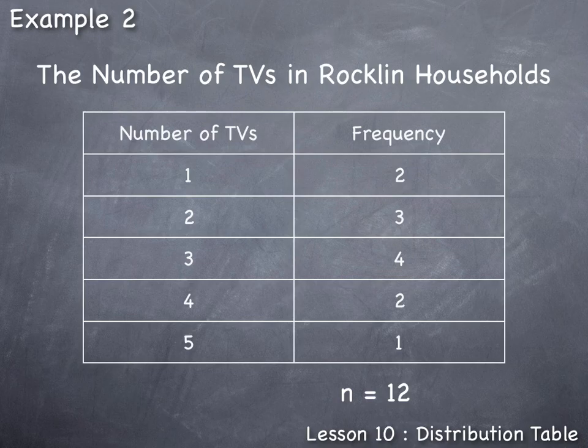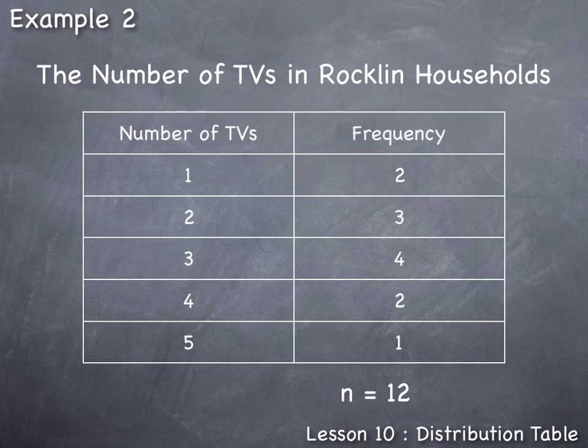Now we're ready to describe the results. To describe the results, we need to report, in words of the problem, results that can be directly derived from the data. So looking at our frequency distribution table, we could see that the highest frequency of 4 corresponded to 3 TV households. So there were more 3 TV households than any other in this sample.